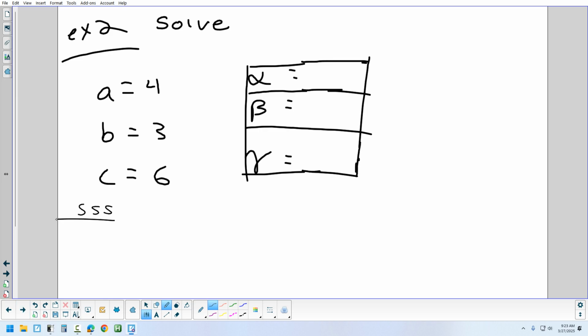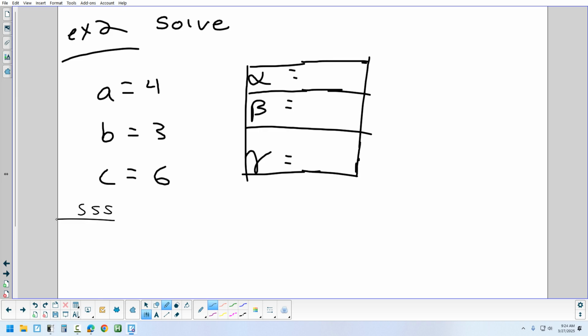Now, before we go any further, what should we check right away? It's going to take like 10 seconds, real quick. See if there's a solution or not. Okay, how do I do that? How do I see if it has a solution or not? Yeah?